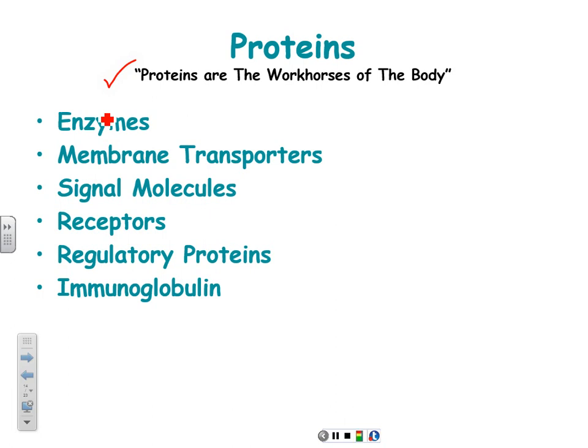But some of the things that proteins do, they work as enzymes, they work as membrane transporters, they work as signal molecules, sometimes receptors, sometimes regulating chemical reactions, and many times they work as part of our immune system, right? We will go over the ones that I want to as we proceed through the unit. All right.